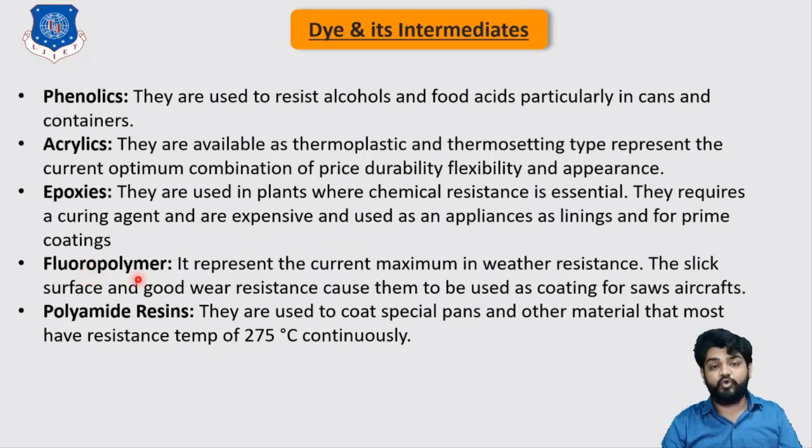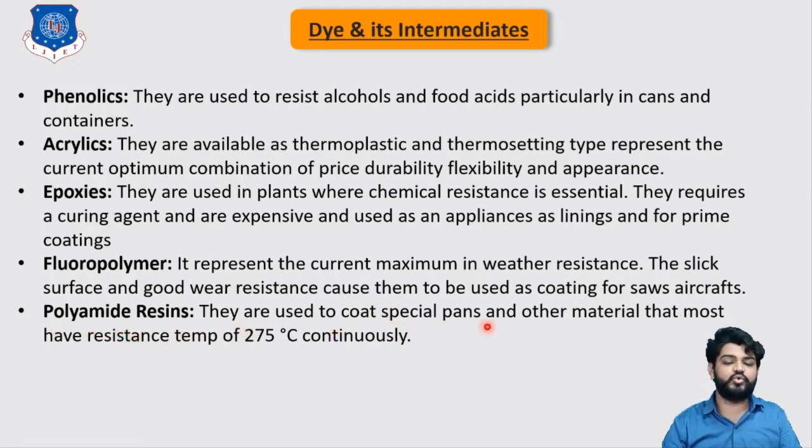Then we have fluoropolymers. They represent the current maximum in weather resistance. The slick surfaces and good wear resistance cause them to be used as the coating for the shell of our aircraft. So the shells of aircraft are generally coated with fluoropolymers. Then lastly we have polyamide resins.